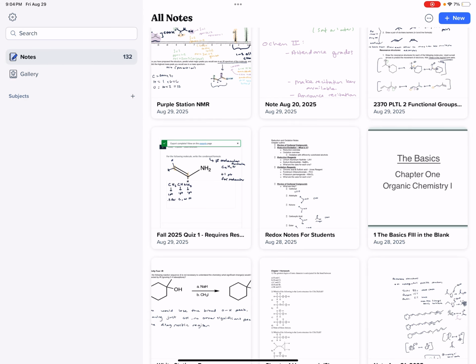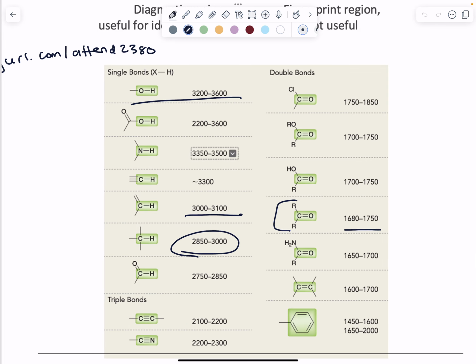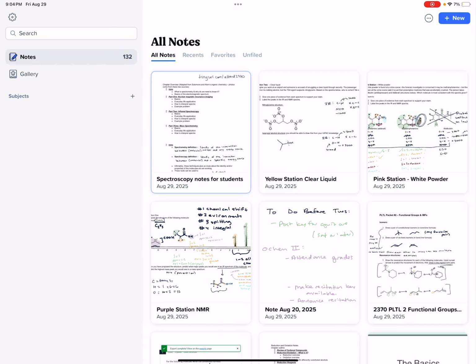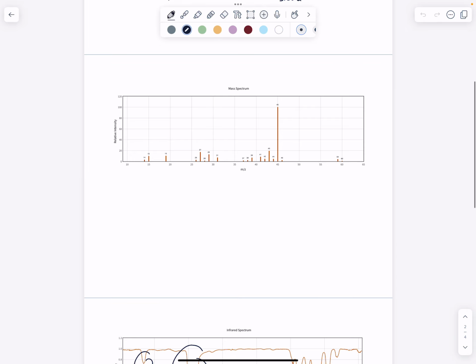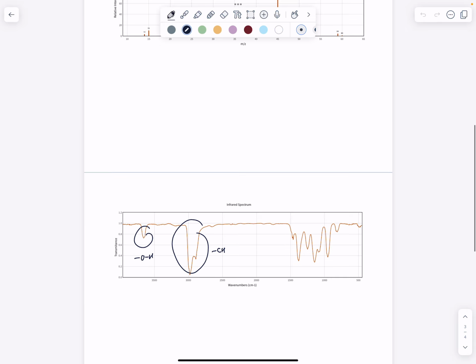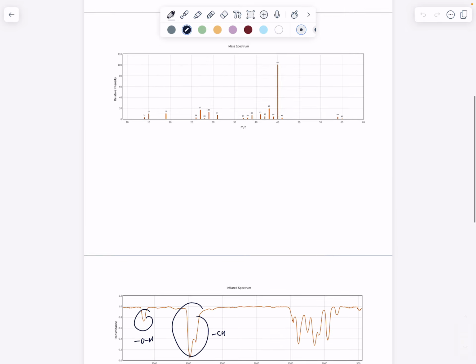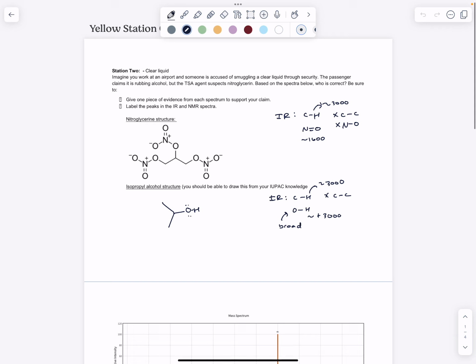And I'm guessing that the oxygen-hydrogen is less broad and less intense because there's just less of them compared to the carbon-hydrogen bonds, because that's pretty intense for the carbon-hydrogen bonds. So those are the only 2 peaks that we see. So off to a good start. I'm thinking it's probably not nitroglycerin. But I want to make sure it's not nitroglycerin.